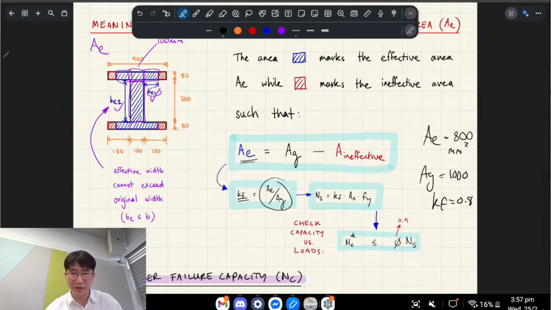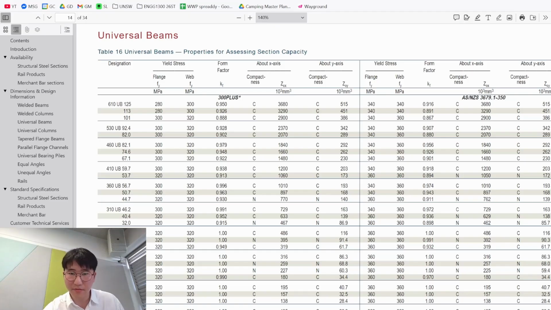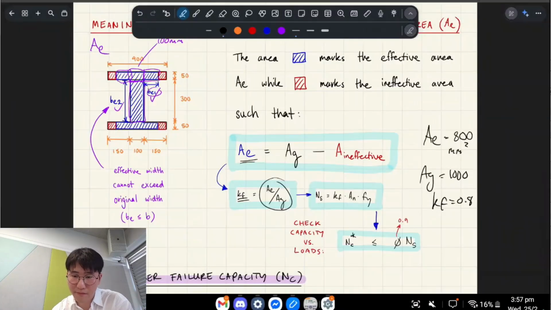So if we go back to OneSteel, that form factor was like 0.8 or 0.9 or whatever, right? That's the portion that hasn't buckled. Does that make sense? So that's basically saying 80% of it doesn't buckle. Yeah, it doesn't locally buckle due to its inherent shape slenderness.